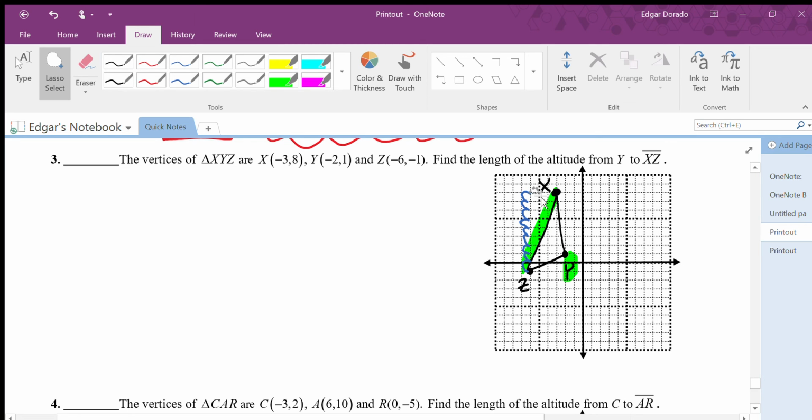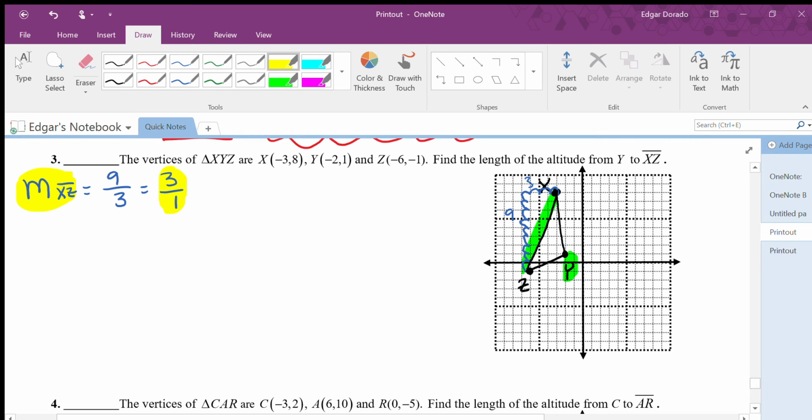So up 9 and right 1, 2, 3. So my slope for xz is up 9, right 3. In other words, 3 over 1.